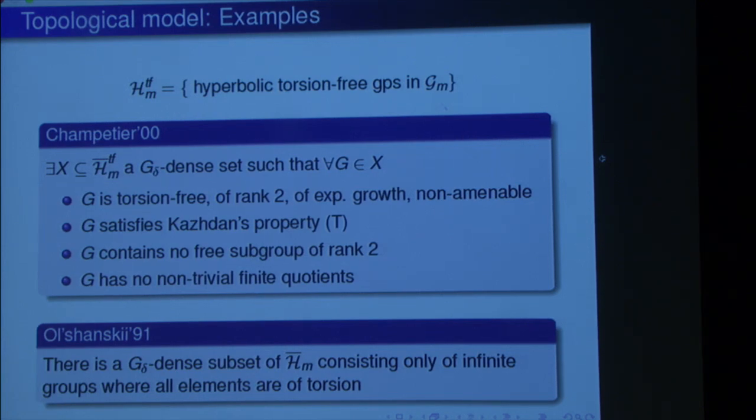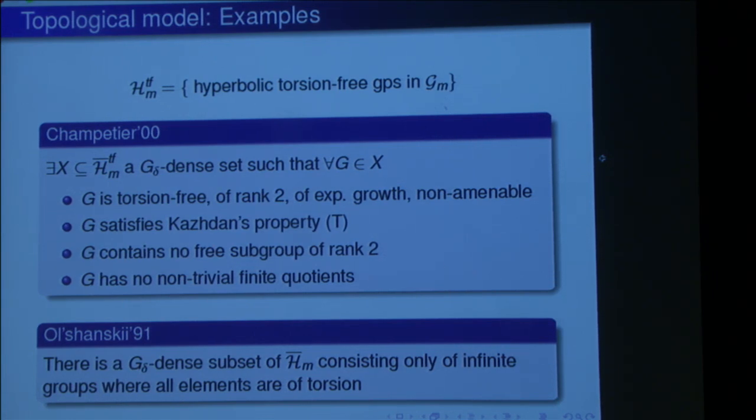And for example, this is a sample of results, quite interesting. If we restrict ourselves to hyperbolic torsion-free groups in this space, and then we take the closure, then there is a theorem saying that there is a generic subset in the topological sense having these properties. So, for example, very strange properties.